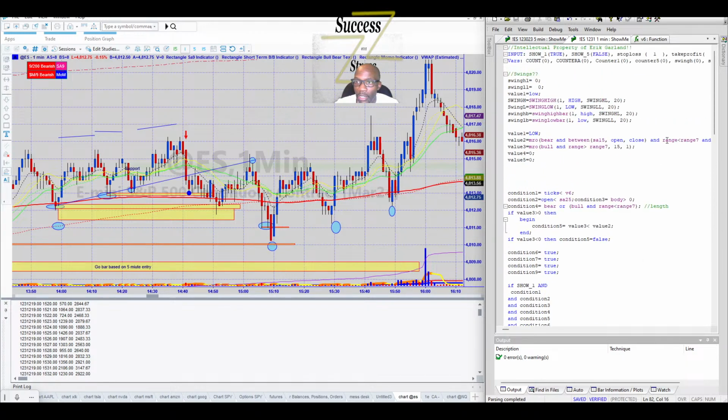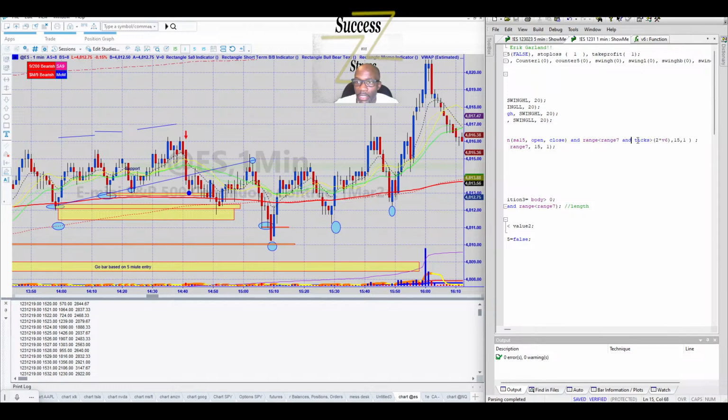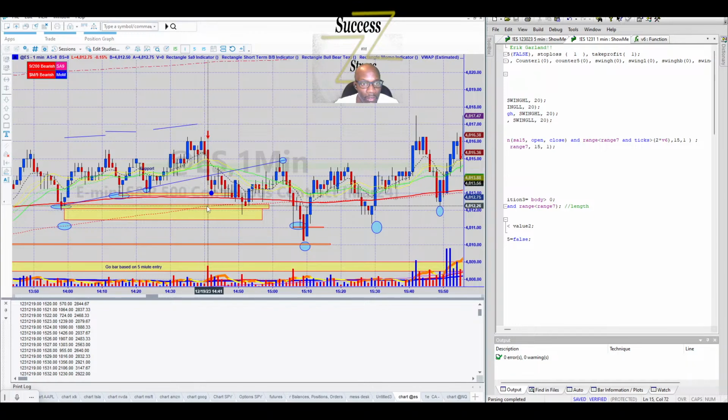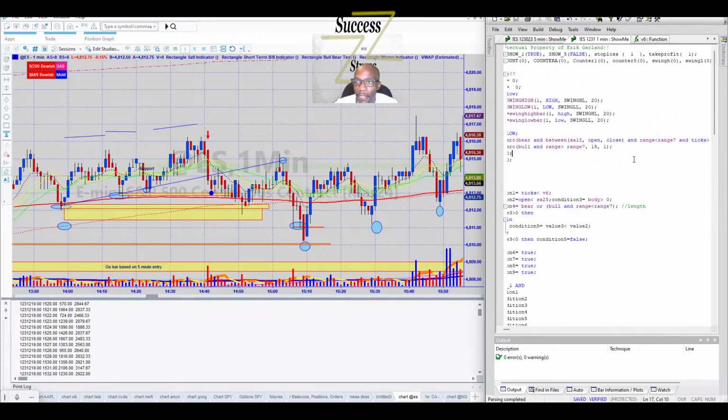Okay, so back up here, we're saying that for this to trigger, the volume has to be greater than 2 times the V6, 2 times the moving average there.